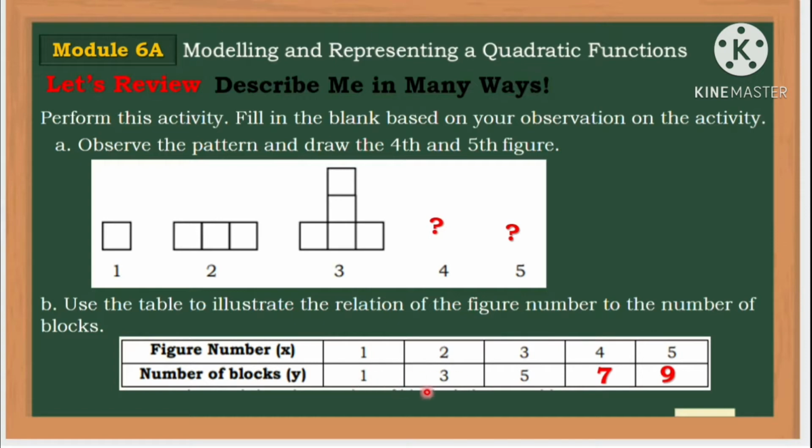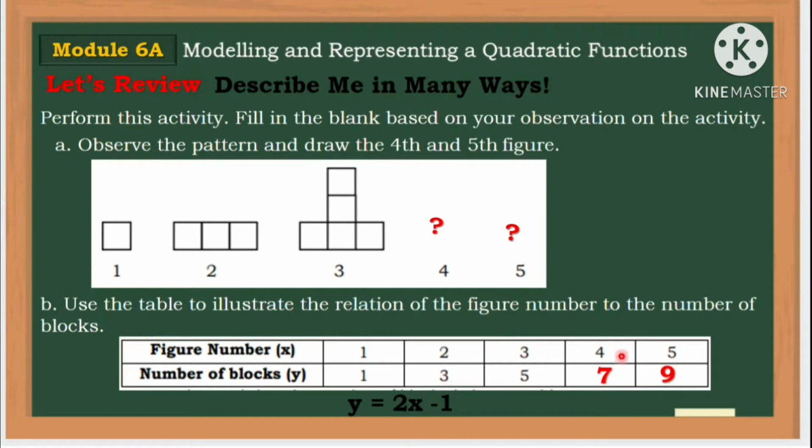So observe. This relation between the figure number and the number of blocks will give us a function or an equation. So we have y is equal to 2x minus 1. Why? If x is 1, 2 times 1 is 2, minus 1 will give us 1. If x is 2, 2 times 2 is 4, minus 1 is equal to 3.